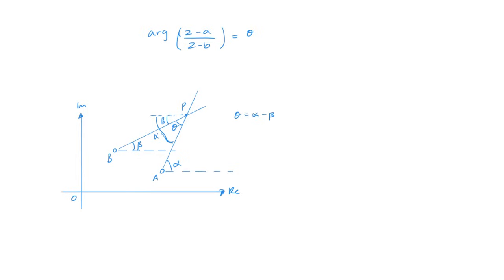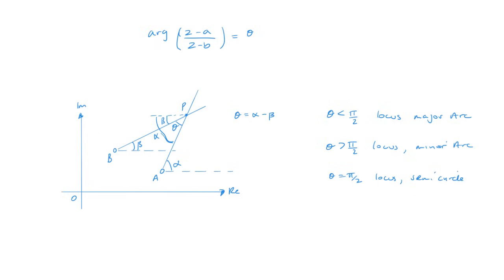And what we end up with in this case is not a full circle, but an arc. Now, if theta is less than pi by 2, the locus is the major arc. If theta is greater than pi by 2, the locus is the minor arc. And if theta equals pi by 2, then the locus is a semicircle.